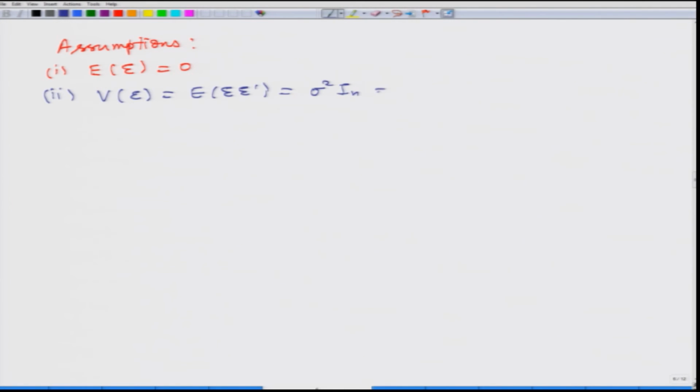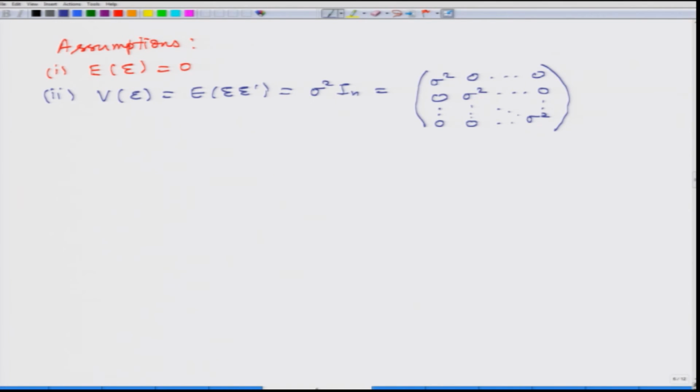So, it is something like this, it will look like this. The diagonal elements denote the variances of epsilon 1, epsilon 2, epsilon n, and the off diagonal elements denote the covariance between epsilon i and epsilon j, which are 0. So, again this is the same assumption that all epsilon i's are identically and independently distributed.